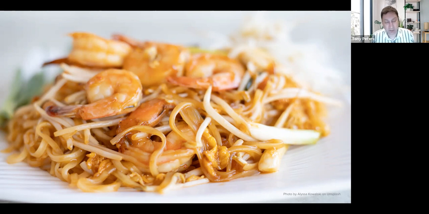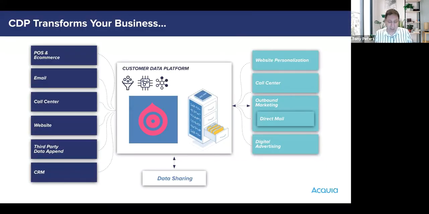So where does that CDP come into play? It comes into play by sitting in the middle of this data and the execution. So like many of the platforms I talked about earlier, on the left here we have many different types of inputs, and they can be both online and offline. So we're not going to forget about offline on here because it's part of many of your businesses.